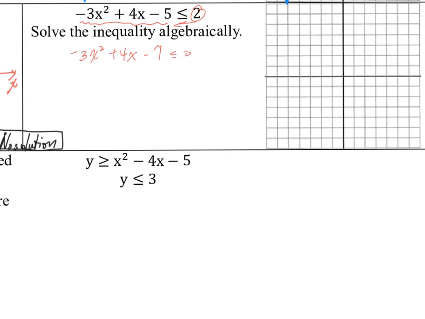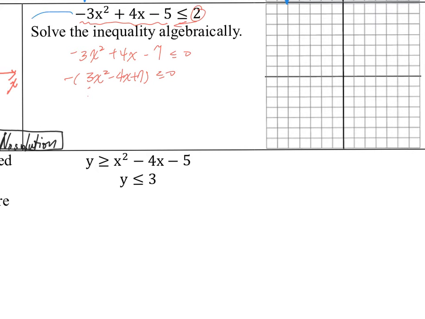And we're going to factor out the negative sign. If you think about factoring this, we can't really find pairs of factors in which we can rewrite this as a product of two binomials. So we must resort to graphing.